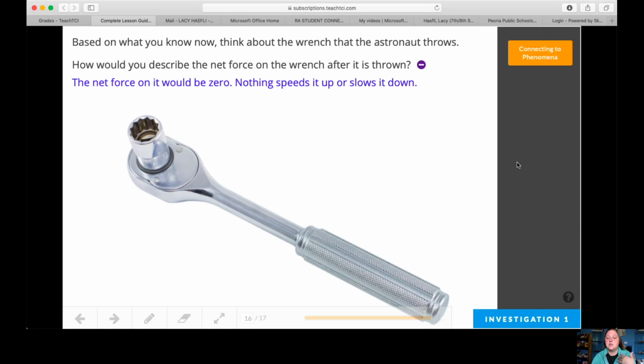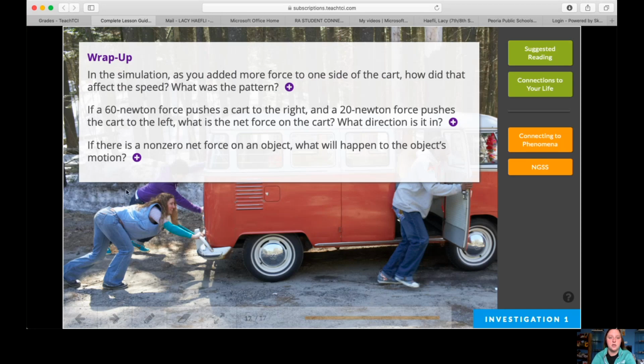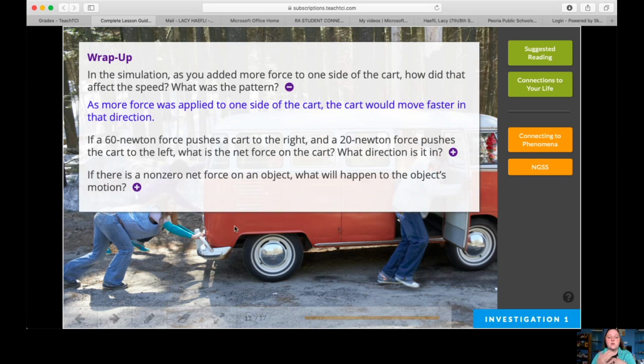So that means that there is a net force of 0, and this would be considered a balanced force. Okay, so in the simulation, as you added more force to one side of the cart, how did that affect the speed? What was the pattern? As more force was applied to one side, the cart would move faster in that direction. So when there was 350 newtons of force on the right side and only 200 newtons of force on the left side, it would move to the right.